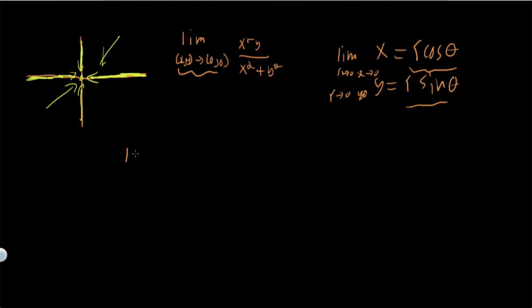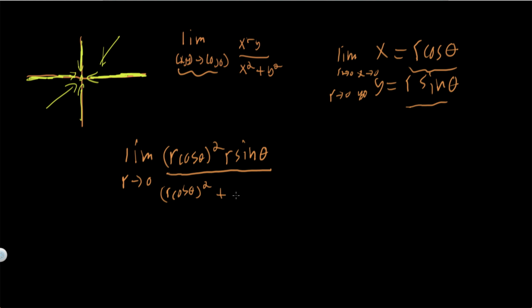We now have the limit as r goes to 0 of x squared, so (r cosine theta) all squared, and then y, so r sine theta, over (r cosine theta) all squared plus (r sine theta) all squared. Alright, so I'll simplify this a little bit.